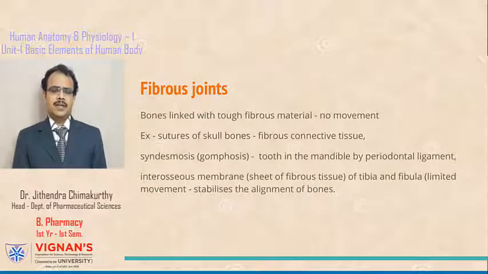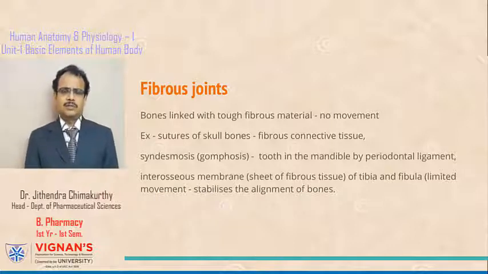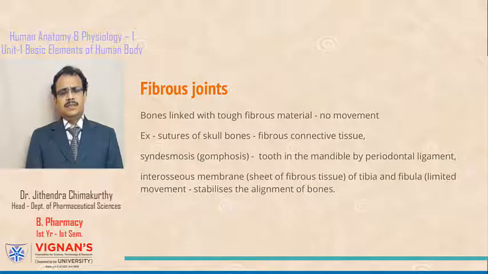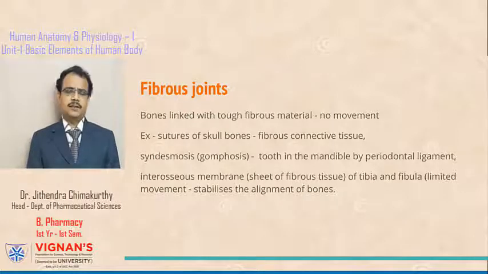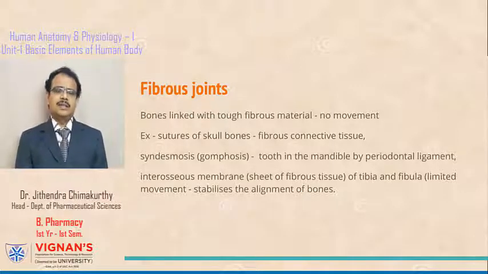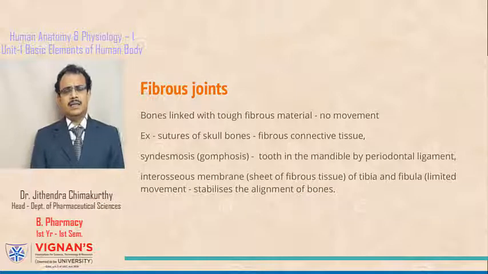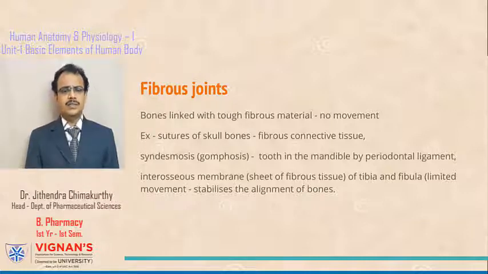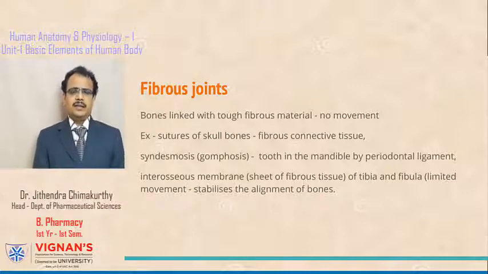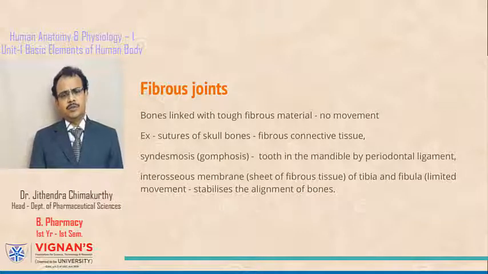Fibrous joints are immobile joints, or we can also label them as slightly movable joints. We can see these fibrous joints between the two bones of cranium, where these are called sutures, and here there is a tough fibrous material which joins these two bones, forming the suture, and these fibrous joints are immobile joints.